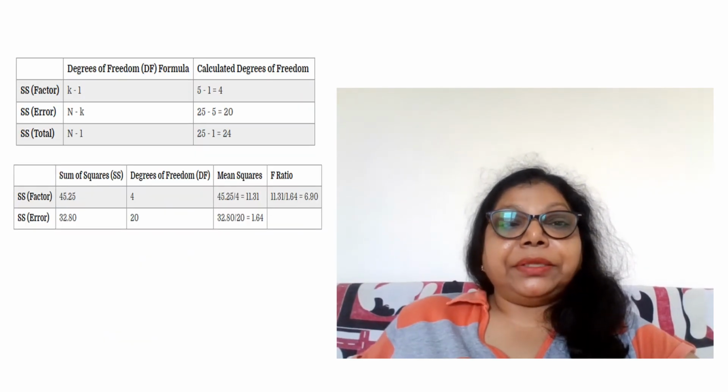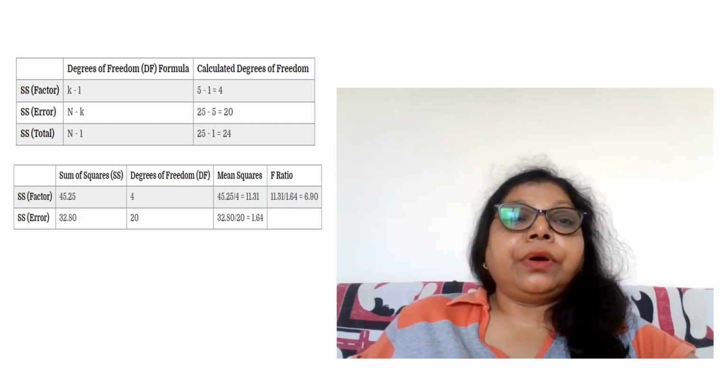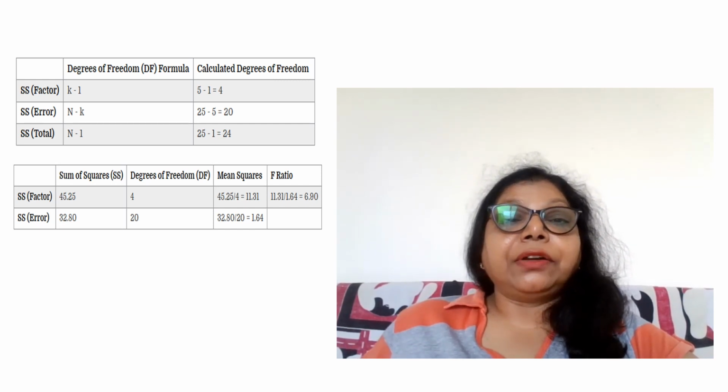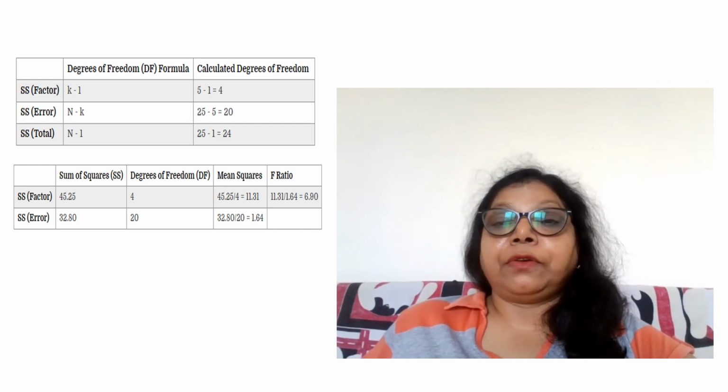Now let's understand the degrees of freedom. Associated with each sum of squares is a quantity called the degrees of freedom, and the degrees of freedom indicates the number of independent pieces of information used to calculate each sum of squares. For a one factor design with a factor at k levels, like we have 5 lots in our example, and a total number of observations n, like 5 jars per lot for a total of 25, the degrees of freedom will be as follows.